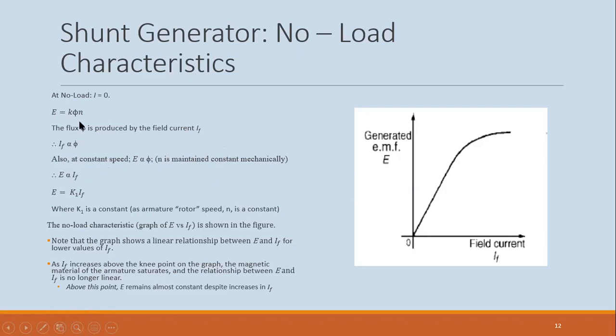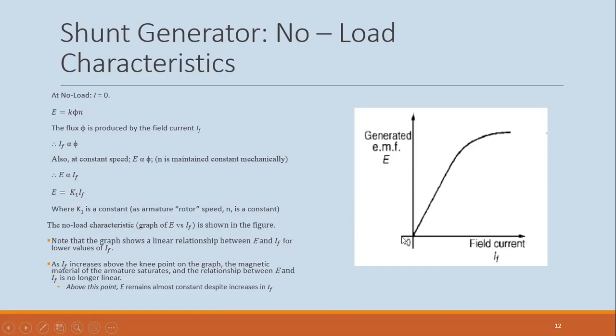So therefore, since we have a couple constants, E is proportional to phi, and phi is proportional to IF. So E is proportional to IF. And since N is a constant, it will be included in this constant here. So E is equal to, call it K1 times IF. All right. So K1 is a constant since N is a constant.